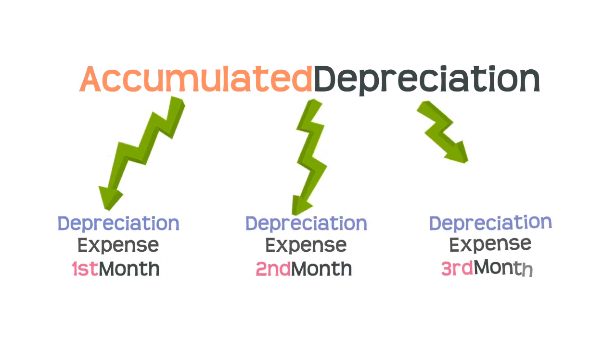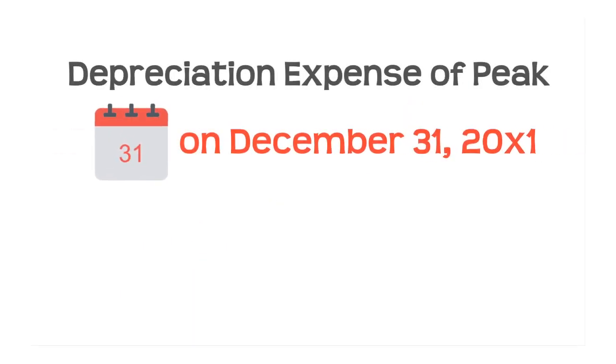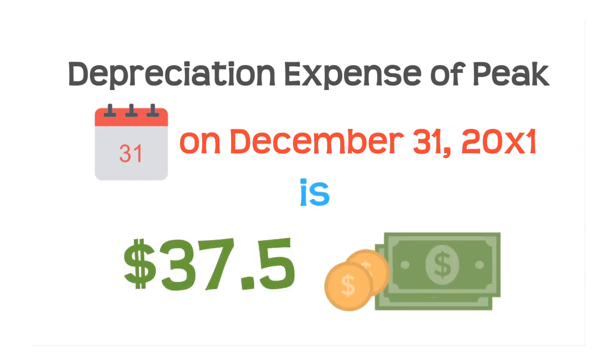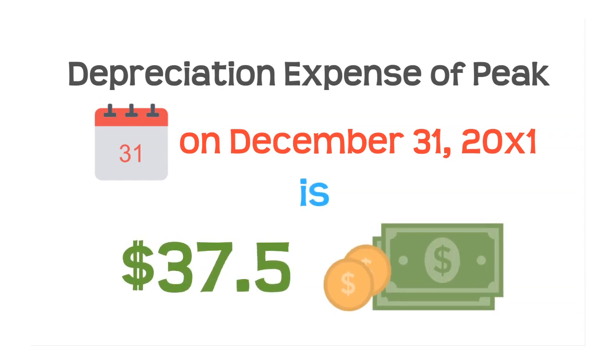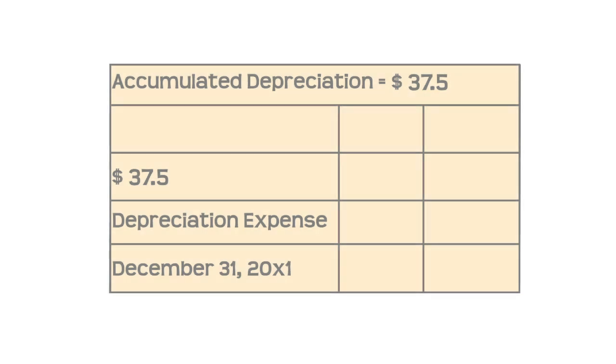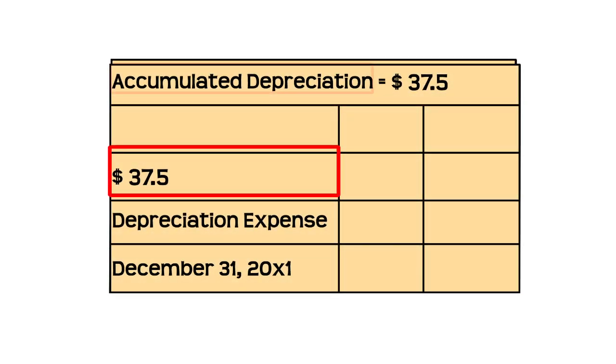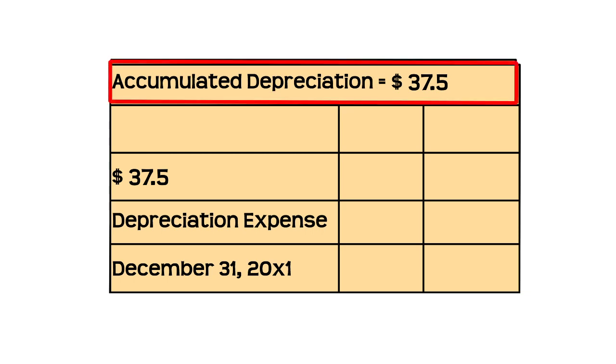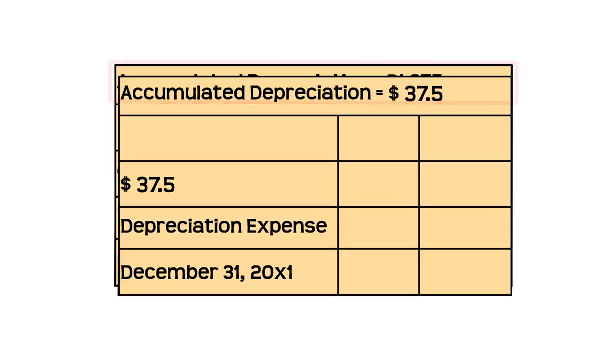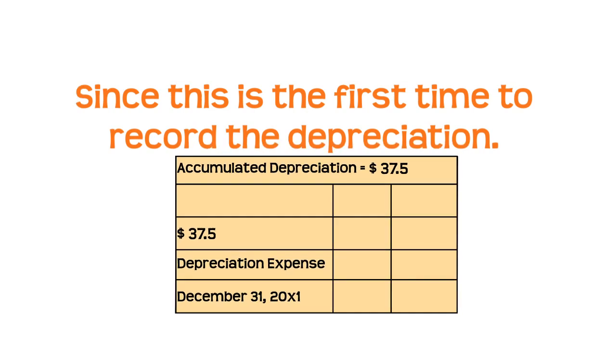Accumulated depreciation is simply the total depreciation expense for all prior periods. For instance, the depreciation expense of Peak on December 31, 20X1 is $37.50. The accumulated depreciation will also be $37.50, since this is the first time to record the depreciation.